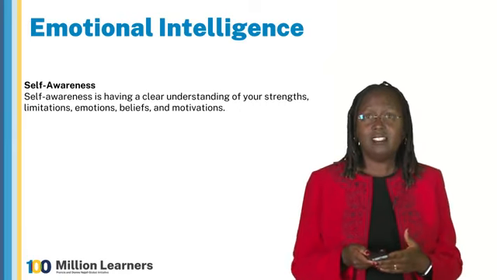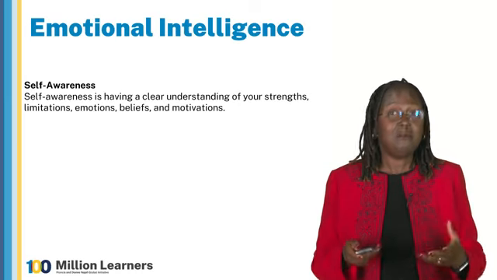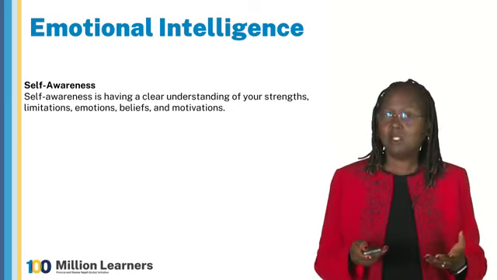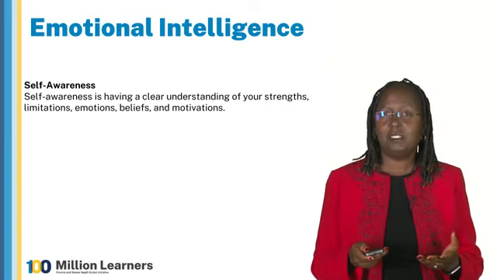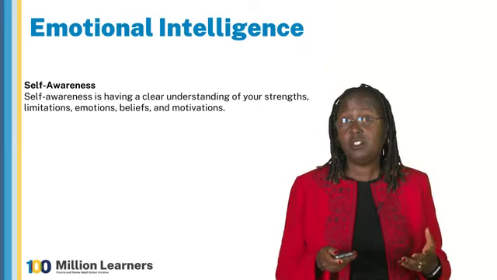So step back and begin to see, are you self-aware? Are you self-aware about your strengths? What are your strengths? Take a minute to write them down. What are your limitations? What do you know and don't know?